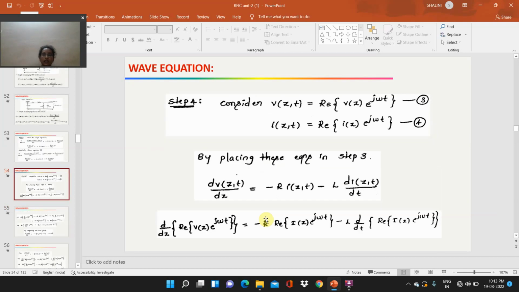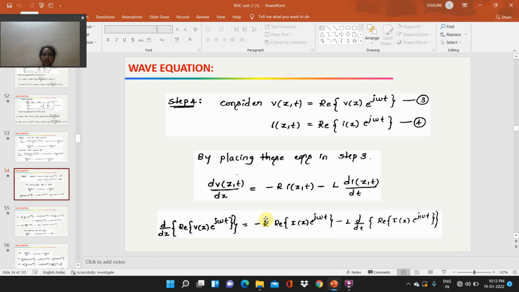Consider V of Z comma T is equal to Re of V of Z into e power j omega t, equation number 3. I of Z comma T is equal to Re of I of Z into e power j omega t, number 4.